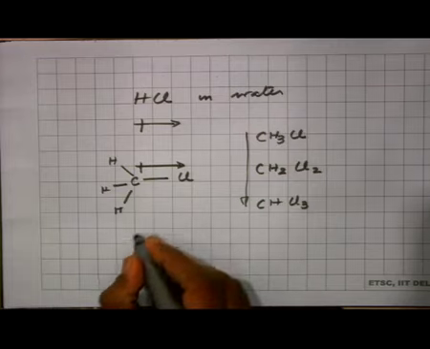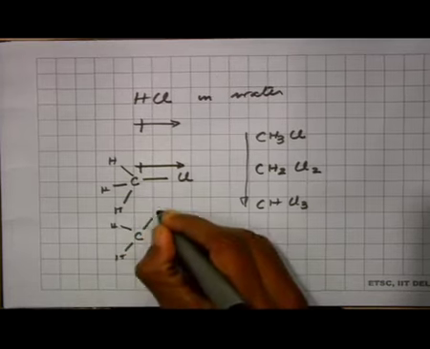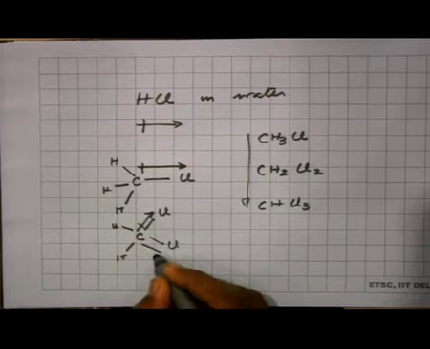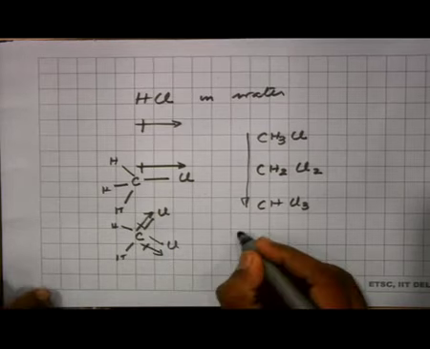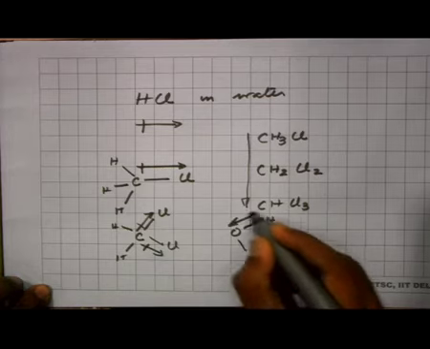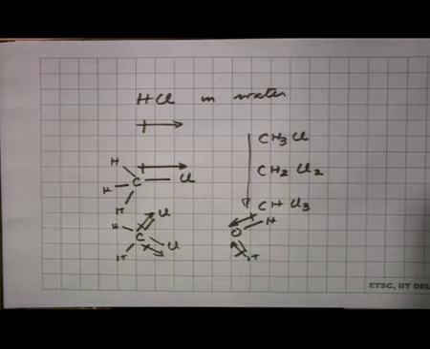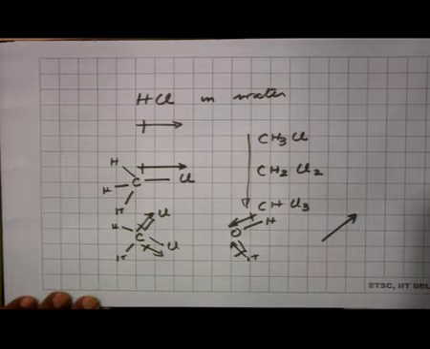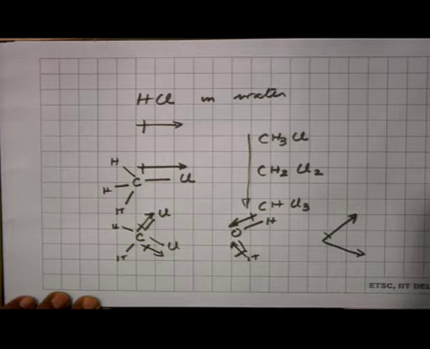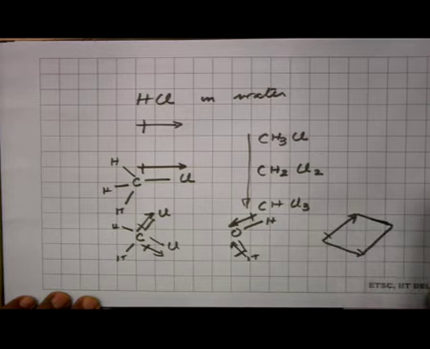Now, if you have CH2Cl2, then you have two dipoles oriented like this, as in the case of water. So, in this situation, for example, you have two dipoles, one oriented this way, another dipole oriented that way, and the resultant would be from the parallelogram law.